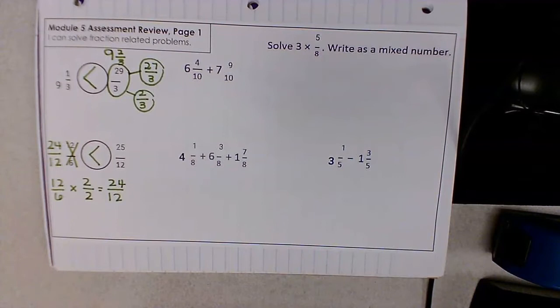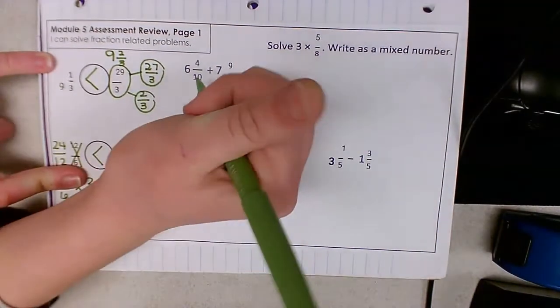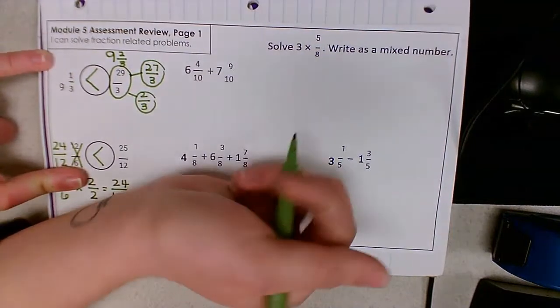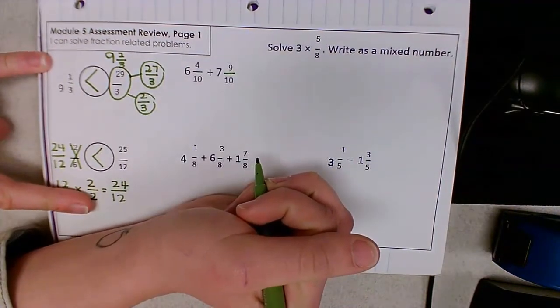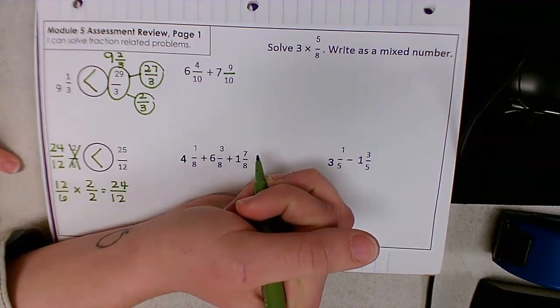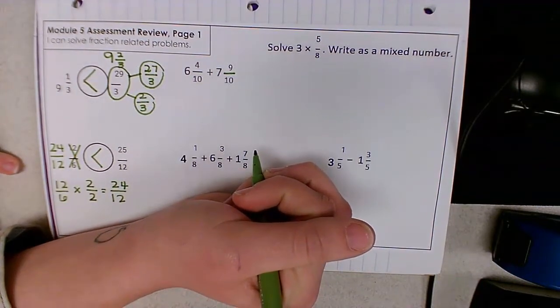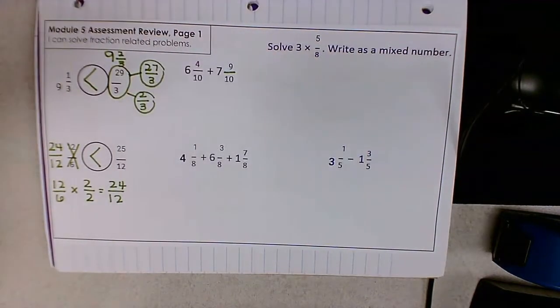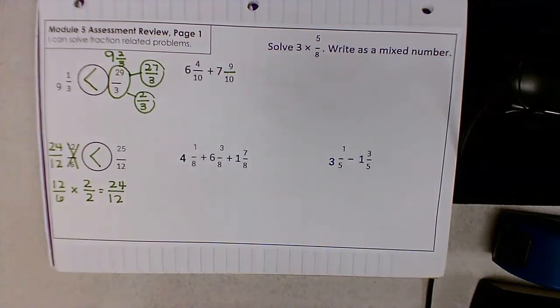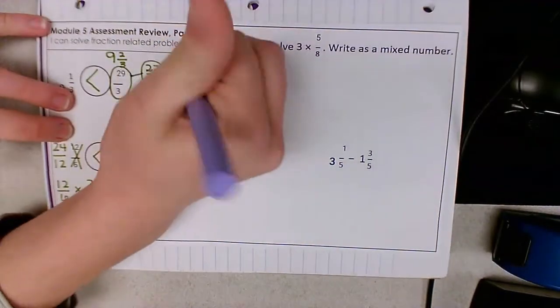Let's start adding together our mixed numbers. The first problem that we have is 6 4/10 plus 7 9/10. Last week, we practiced a strategy called add the parts. When I have 2 mixed numbers, sometimes it's easiest by just focusing on the whole number and the fractions separately.